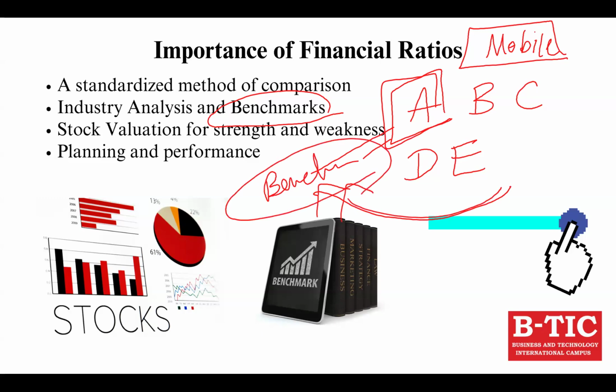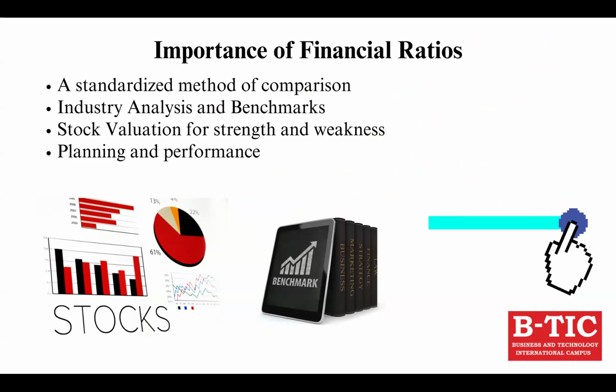And this can be analyzed using financial ratios. Also, small businesses can use industry benchmarks to craft organizational strategy and clearly measure their own performance against the industry as a whole. So this is another importance of financial ratios.